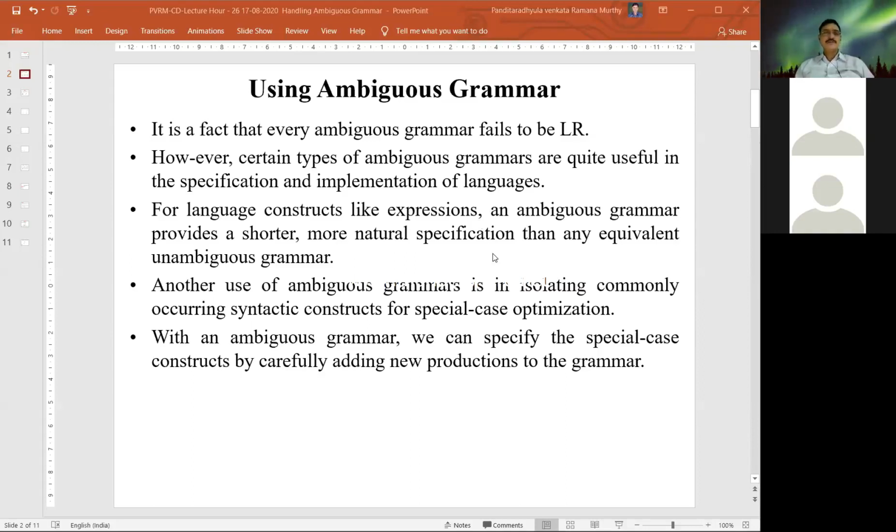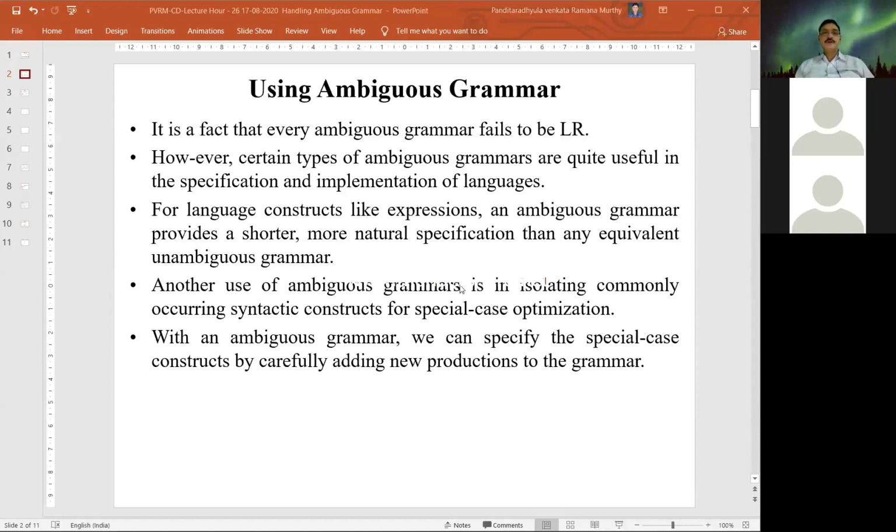Plus means directly an addition between two expressions or two numbers. So it is a very short, more natural notation that we can easily recognize, more natural than any equivalent unambiguous grammar. That is the reason we sometimes prefer an ambiguous grammar for representation.